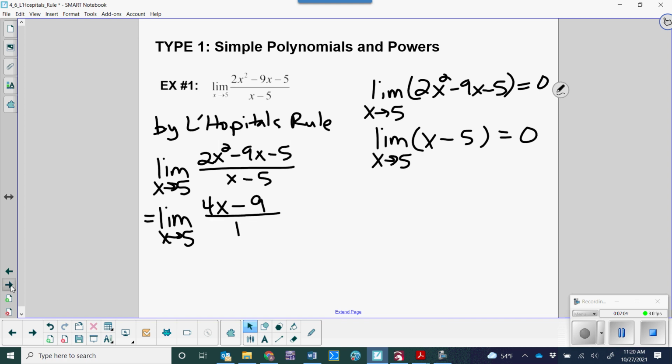So you just do the derivative of the top and do the derivative of the bottom. It's not the quotient rule. It's just literally the derivative of each. Well, once I'm at the point, now I can just plug in 5 and I get the answer, which would be 11. And so I would just stop. Like I don't have to do anything else. If I were to get 0 over 0 again, I would just do it again. Okay? So that's how we're going to write it out.